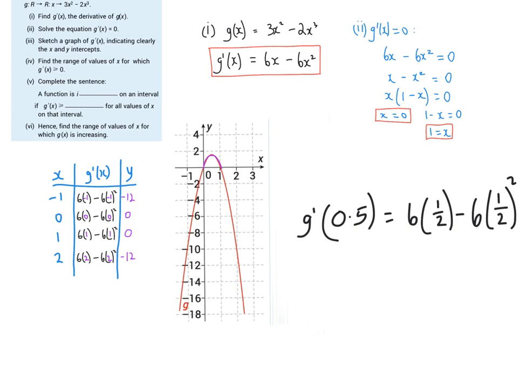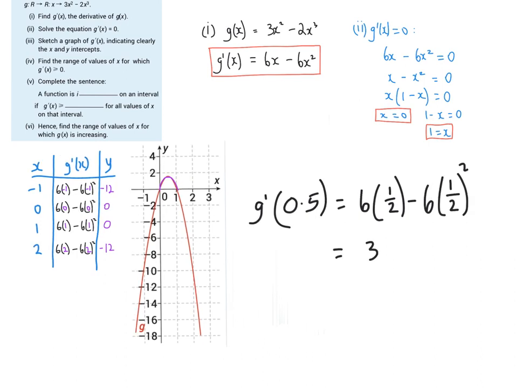Will that give us a positive or a negative answer? 6 times a half is 3, and a half squared is a quarter, so 6 times a quarter is 1.5. So 3 minus 1.5 is 1.5, which is greater than or equal to 0.